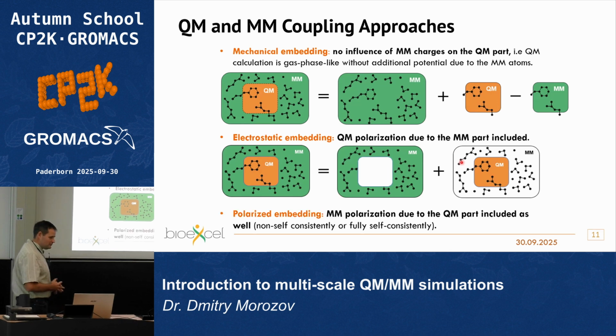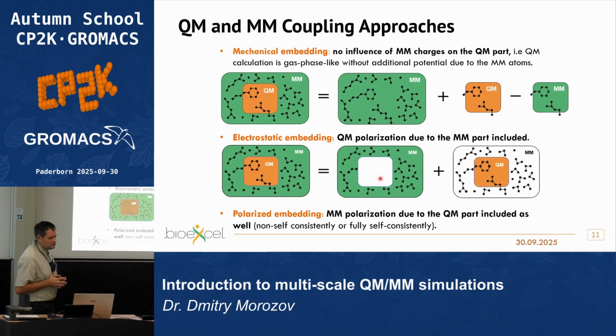And there is a third type, which is not really widespread to date, called polarized embedding. Polarized means here that it is the same as electrostatic embedding, plus your MM point charges can also be polarized by the QM electron density, meaning that the MM atoms' point charges will respond to the QM density.